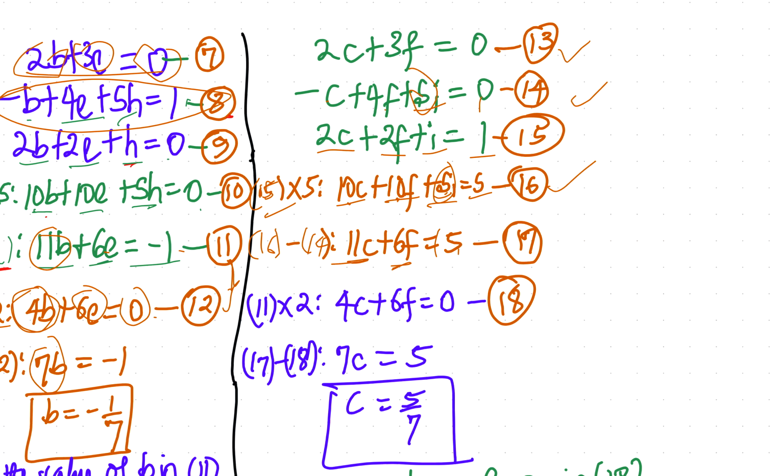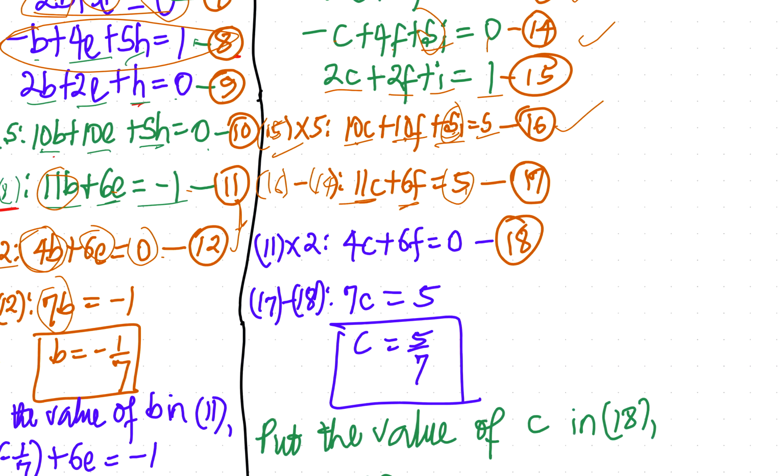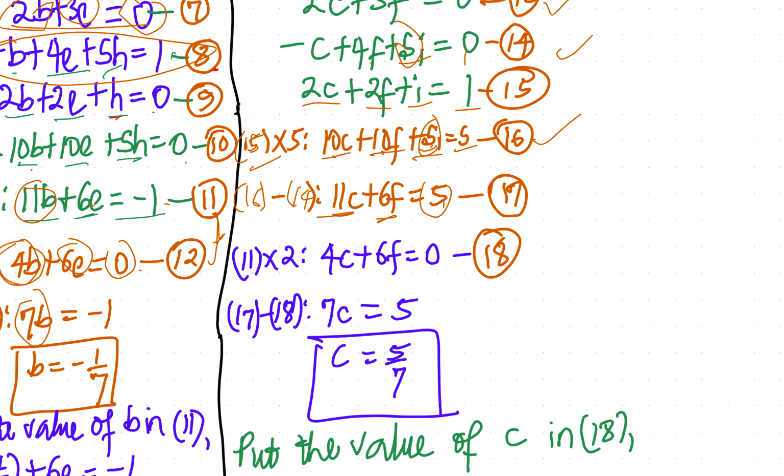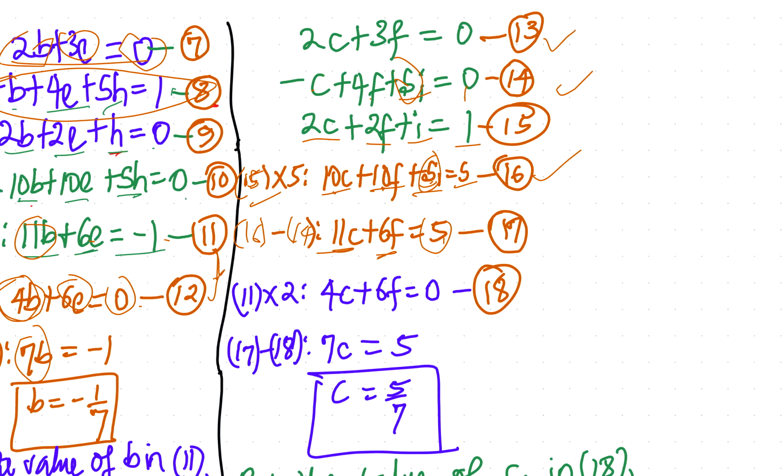So now we can multiply. We have equation 13 and equation 17 having c and f. So we can solve them together. Equation 13 now, this is not supposed to be 11.